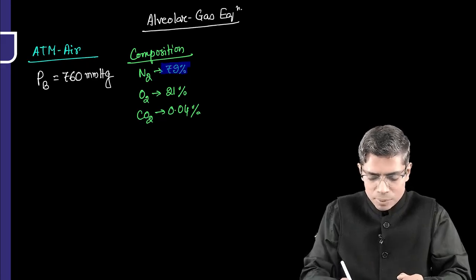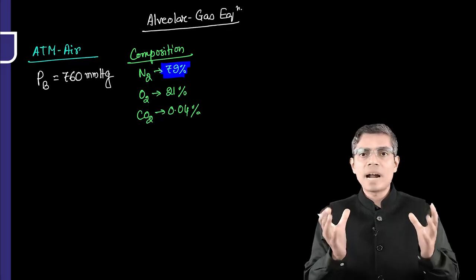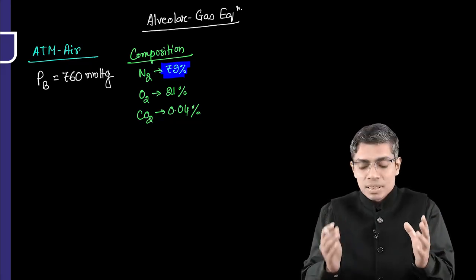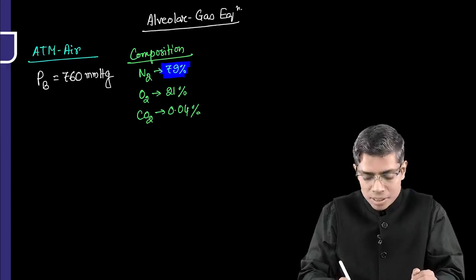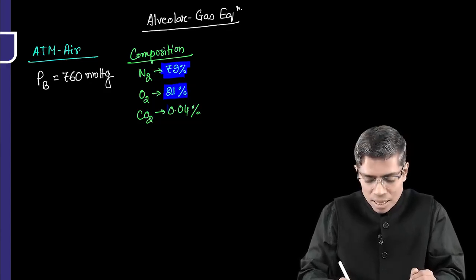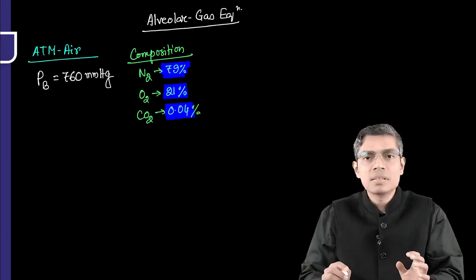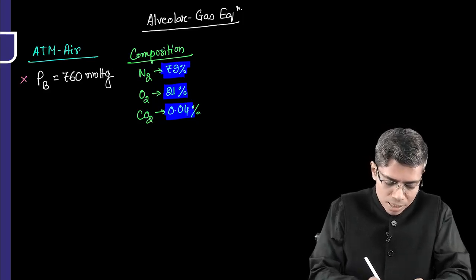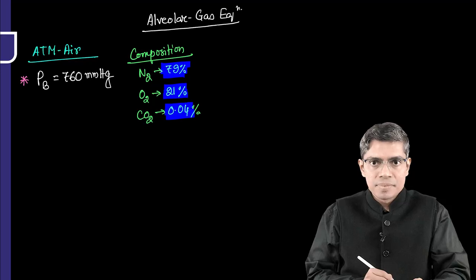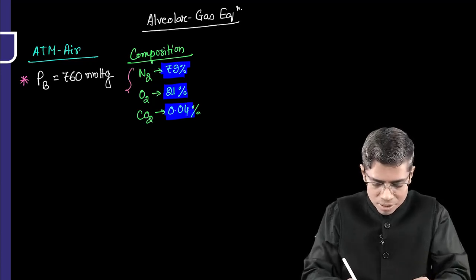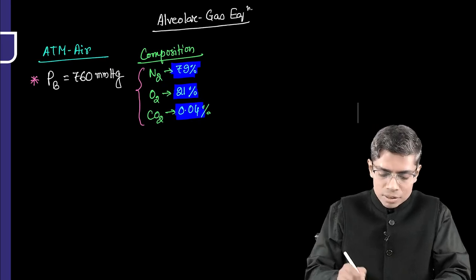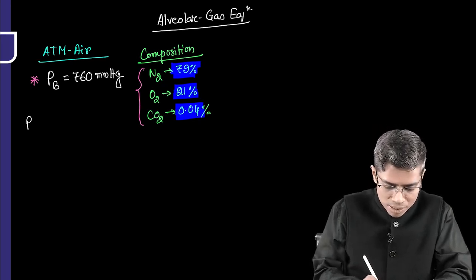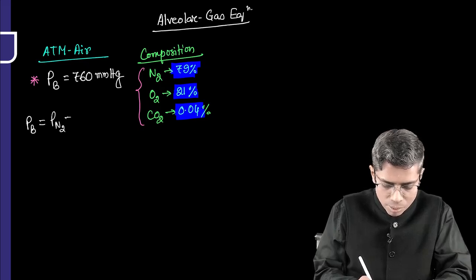It is very simple: if you collect 100 ml of atmospheric air, within that 100 ml, 79 ml is nitrogen, 21 ml is oxygen, and only 0.04 ml is carbon dioxide. Now, this gas mixture's total pressure: Dalton's law says that the total pressure is equal to the sum of the partial pressures of the component gases.